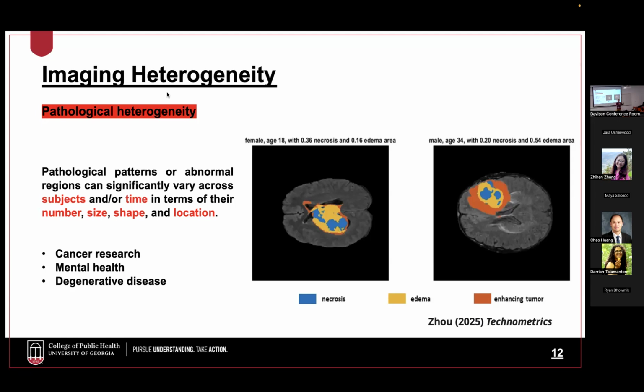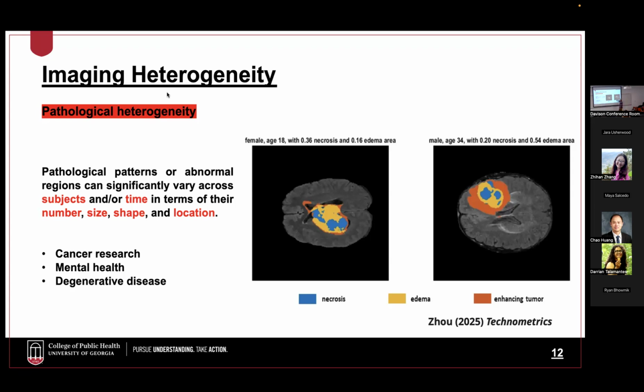These patients have pathological patterns that can be observed in their images. Typically, these pathological patterns, or what we call abnormal regions, usually vary significantly across different subjects in terms of their number, size, shape, and location.